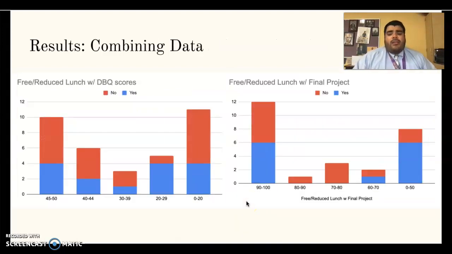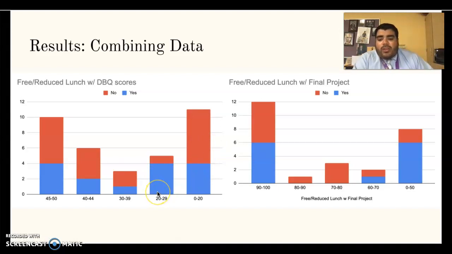Now, combining the free and reduced lunch data with the DBQ scores, you'll see here on the left side are the freshmen. More than half of the students who got A's did not receive free or reduced lunch, meaning they were part of a higher socioeconomic standing. On the far right side, you'll see more as well; the majority of the students were also not part of that.